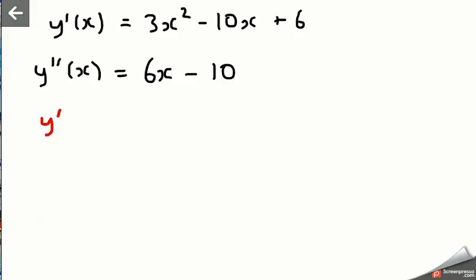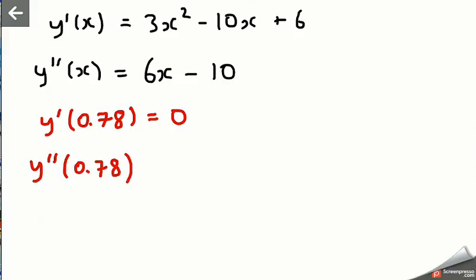And we have that y prime of 0.78 is equal to 0. How about y prime prime of 0.78? Y prime prime of 0.78 is equal to 6 times 0.78 minus 10. Well, 6 times 0.78 is actually less than 6.